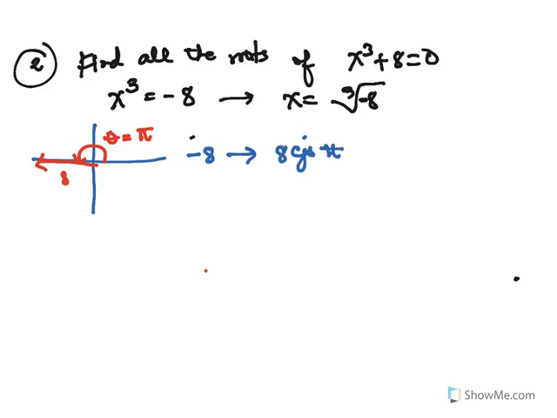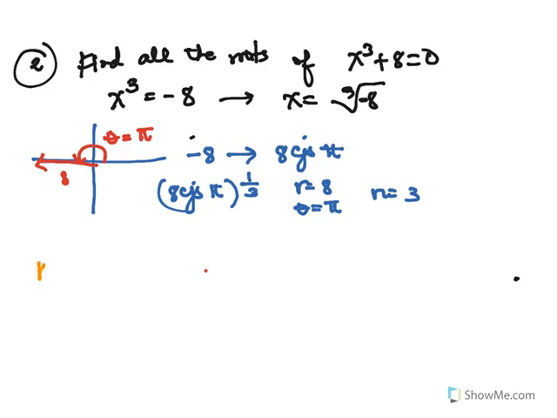So with this, we are getting 8 cis pi raised to 1/3, where r is equal to 8, theta equals pi, and n equals 3.